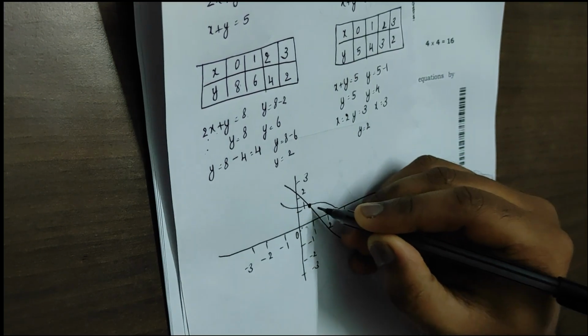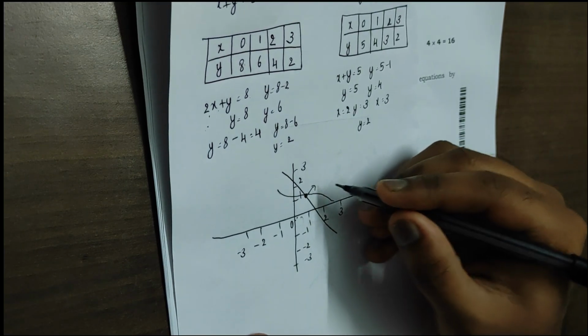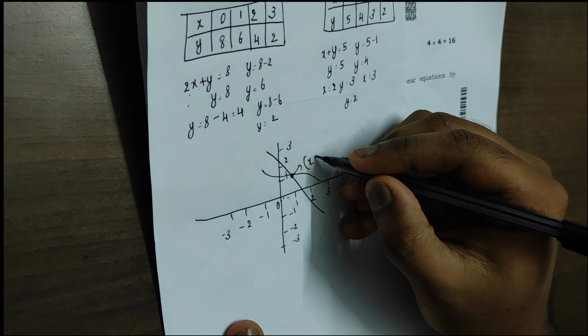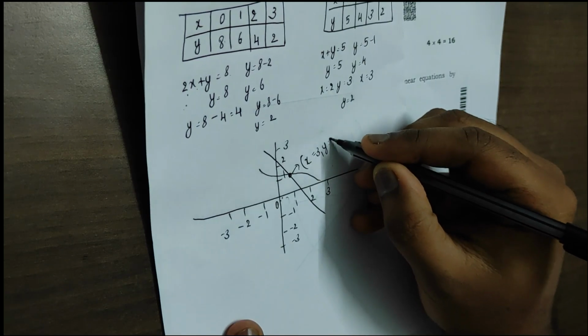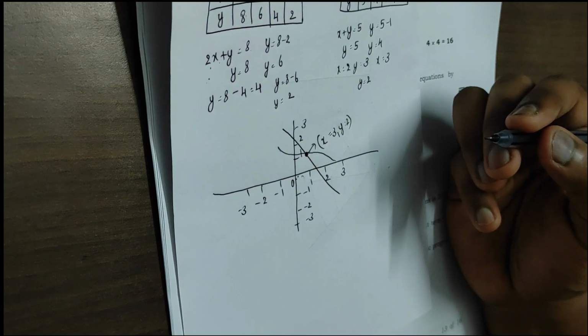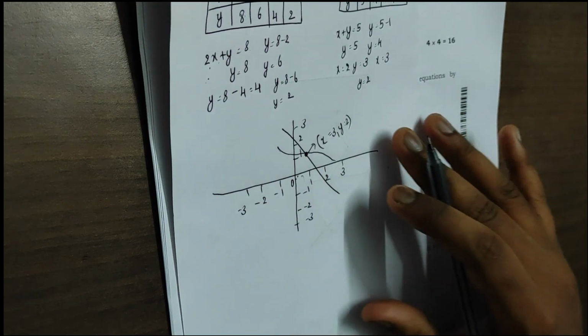At the point where both the lines meet, you have to consider what the x and y values are. That itself is the solution. When you draw this properly, you will get x is equal to 3 and y is equal to 2. Both the lines intersect at this point. This is the solution of this pair of linear equations. Finally you have to write x is equal to 3, y is equal to 2.